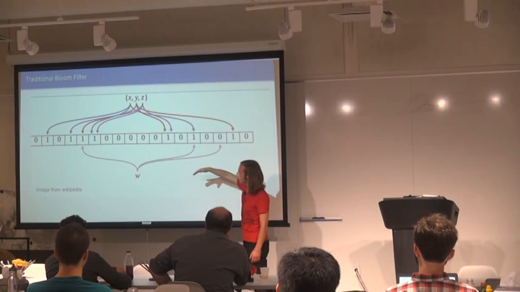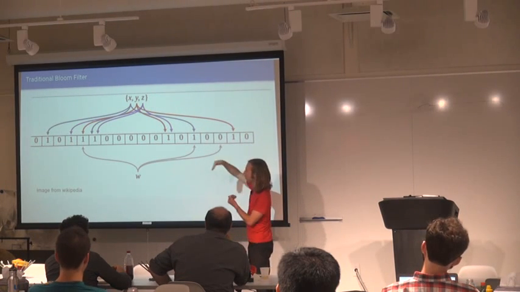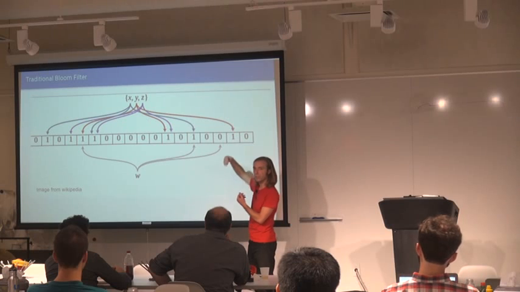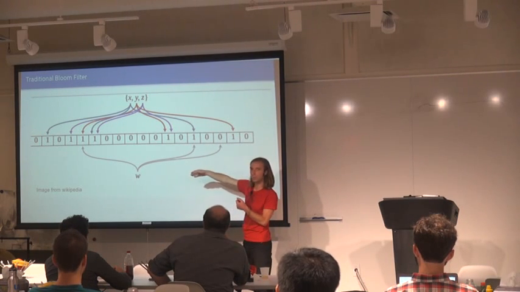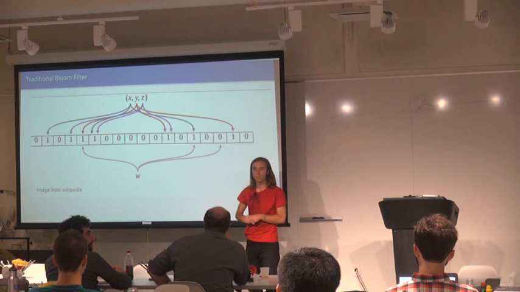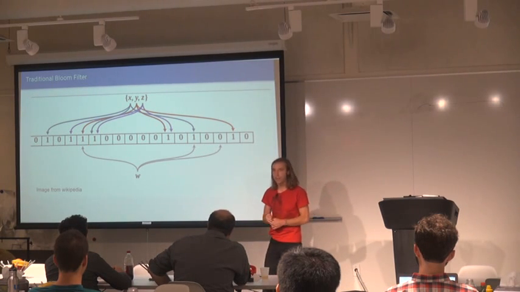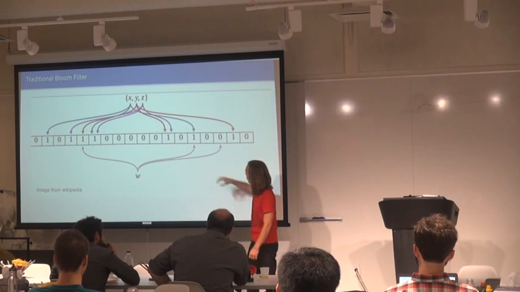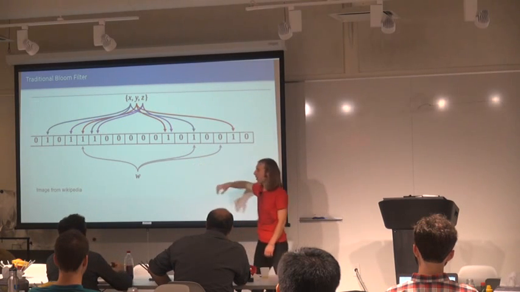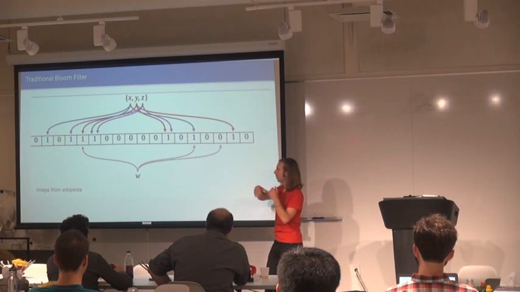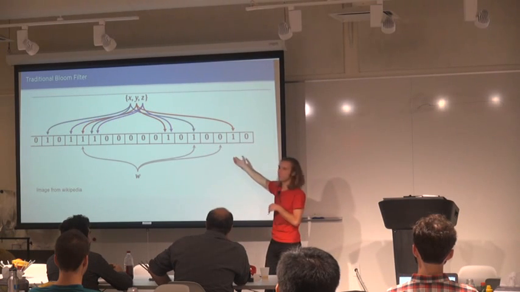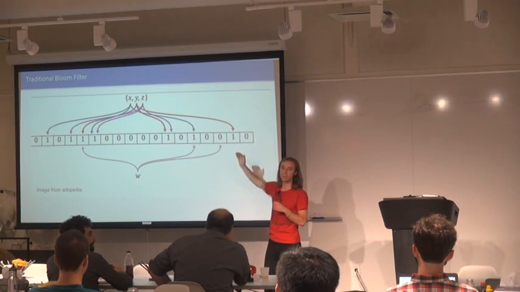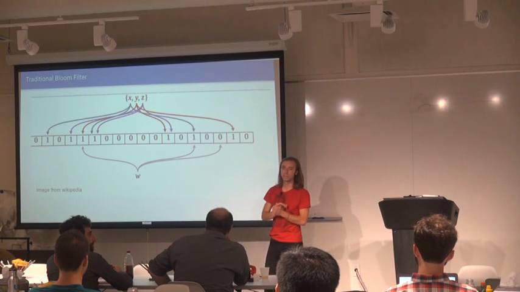Because it's a deterministic procedure, these hash values would be the same if we had inserted W. So each of the arrows represents a function from your element to a number between 1 and 18 in this case, because there's 18 bits.